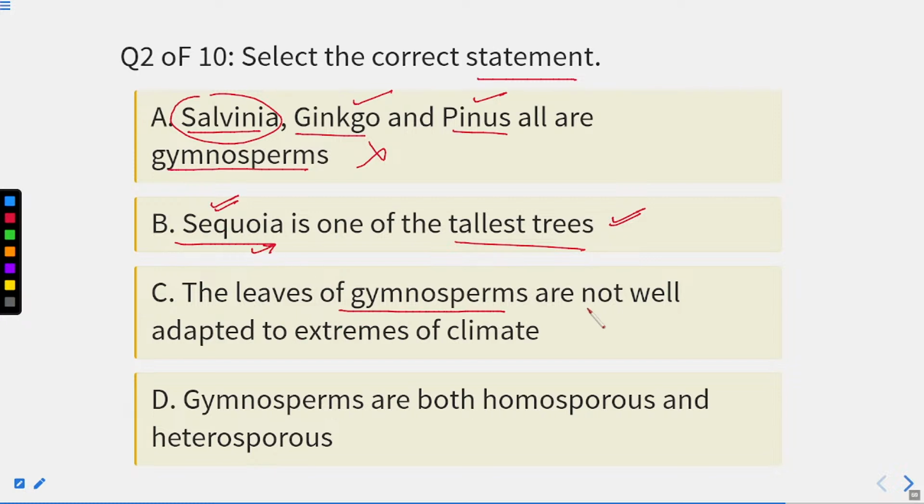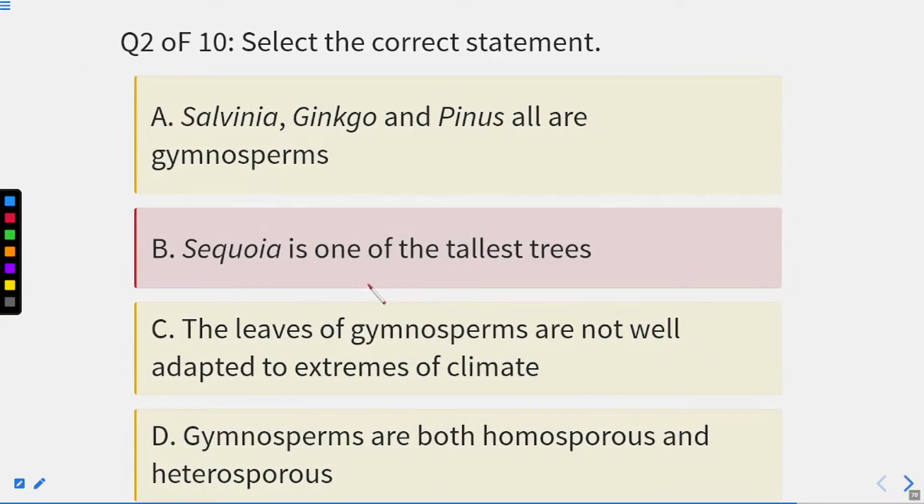The leaves of the gymnosperms are not well adapted to extreme climate. Totally wrong. They are adapted to extreme climate, whether it is a pinus tree or a cycas tree, the leaves are well adapted to extreme climate, right? Gymnosperms are both homosporous and heterosporous. Wrong. So the correct statement is sequoia is one of the tallest trees.